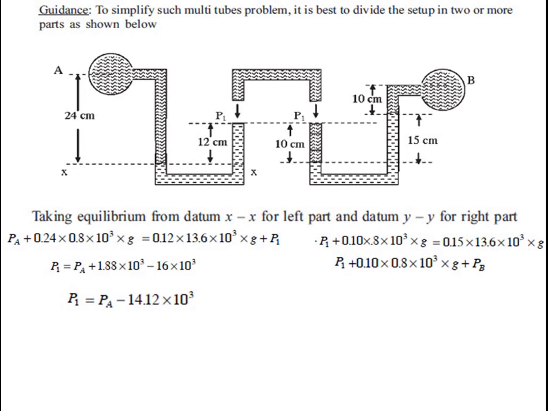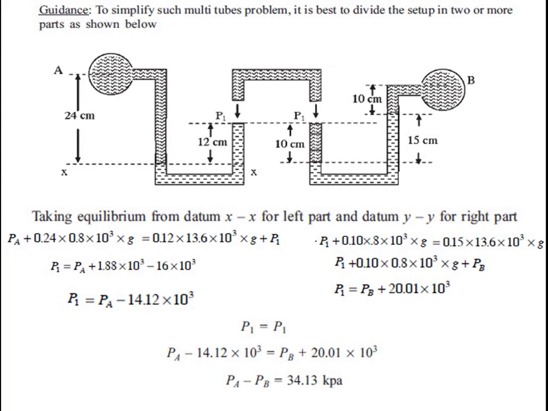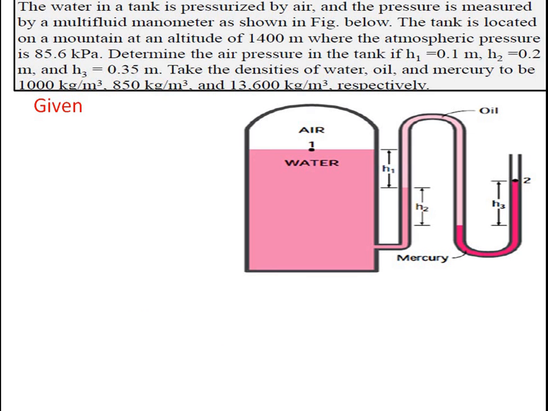So P1 can be given as P1 is equal to PB plus 20.01 into 10 to the power 3. Now equating P1 on both sides, PA minus 14.12 into 10 to the power 3 is equal to PB plus 20.01 into 10 to the power 3. So PA minus PB can be given as 34.13 kilopascal.